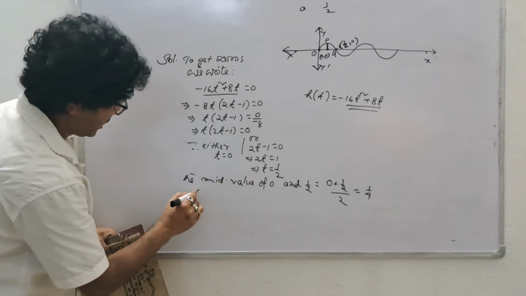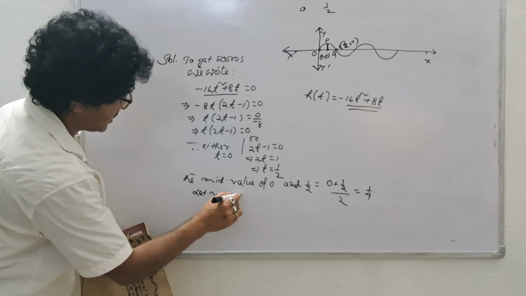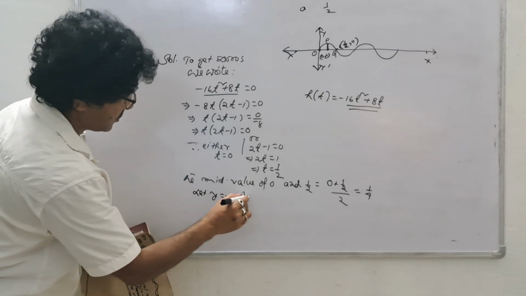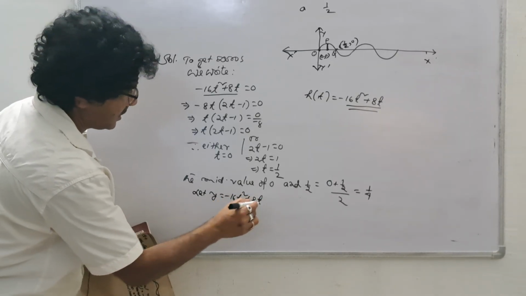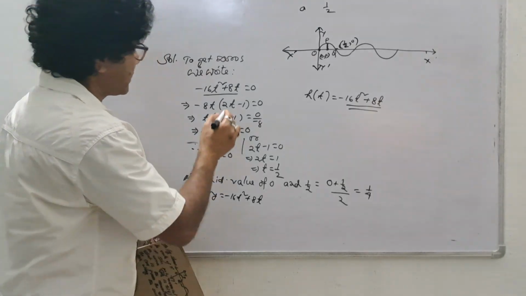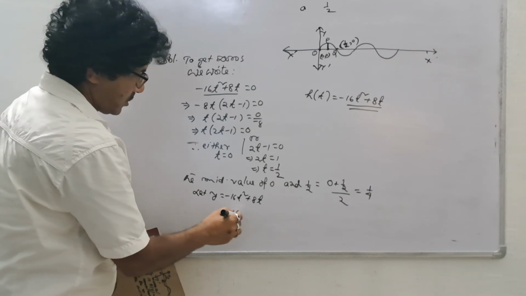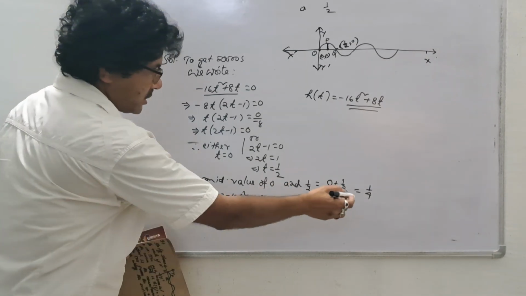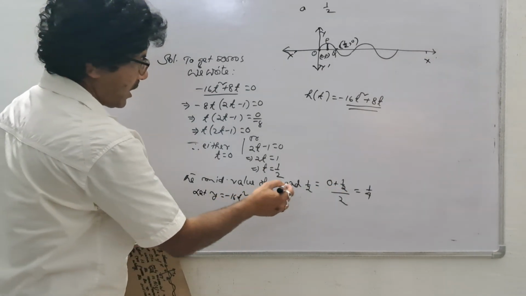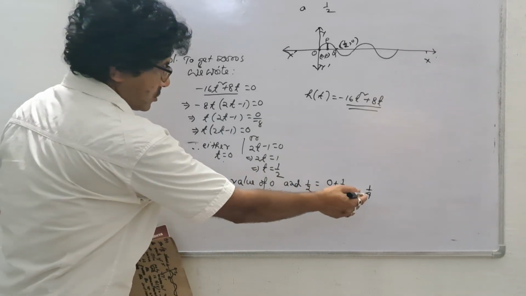Now you are getting 1 by 4. So actually let y is equal to minus 16 t square plus 8t. This one is equal to y. So this is the t value, the mid value of 0 and half. 0 is the t value, half is the t value, so this is also a t value.